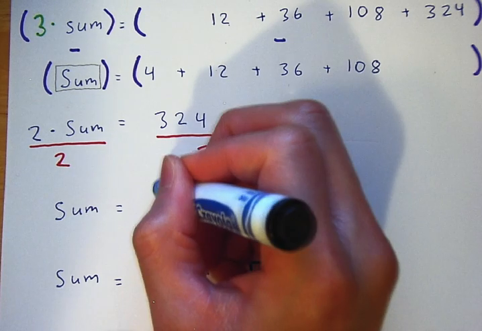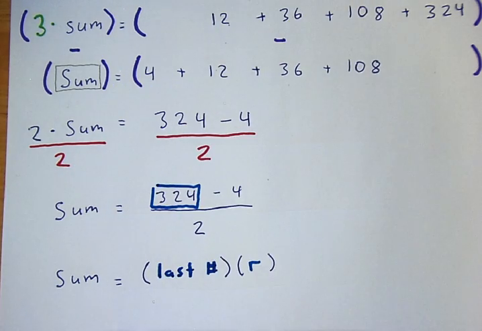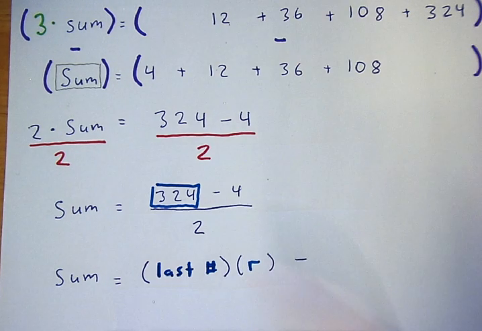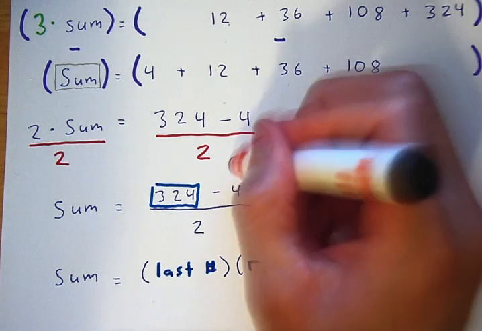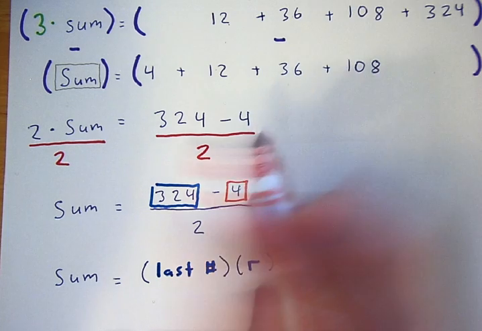And that's how I got this right here. All right. And then I did minus 4. And now where did I get the 4 from? I got this 4 because that was my first number.